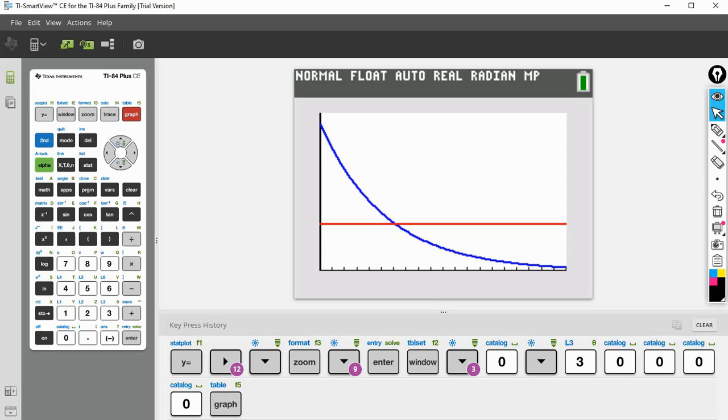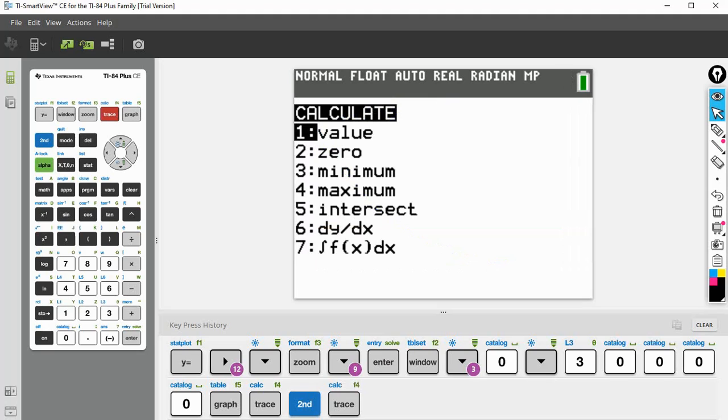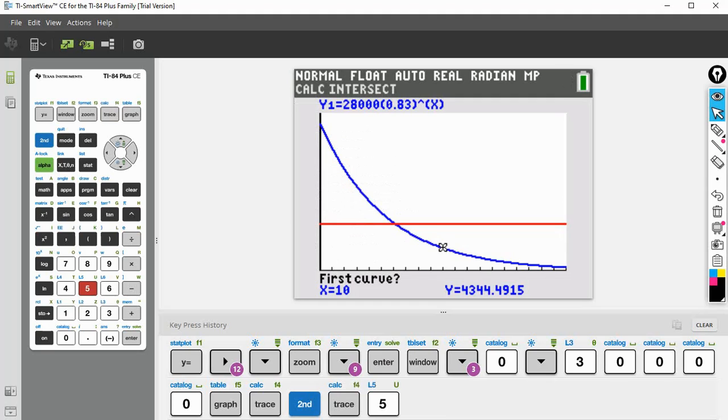So notice that we can click on trace here, and this blue line represents the sequence, whereas the red horizontal line represents the value 9,000 euros. So we're going to find where they intersect. So we go second, calculate, and option 5 says intersect. Then it says first curve, the blue one, hit enter, second curve, the red one, hit enter, guess, hit enter, and there it is.